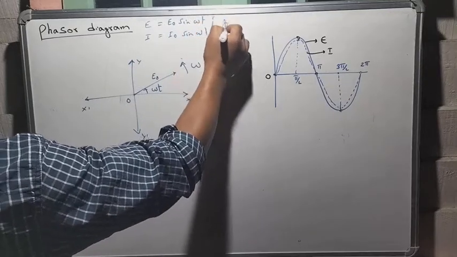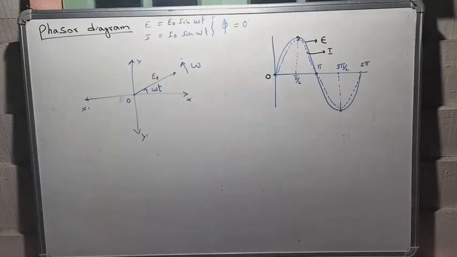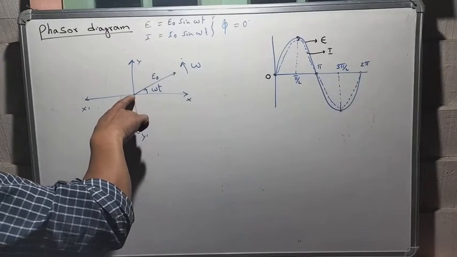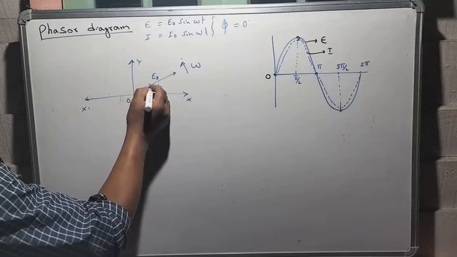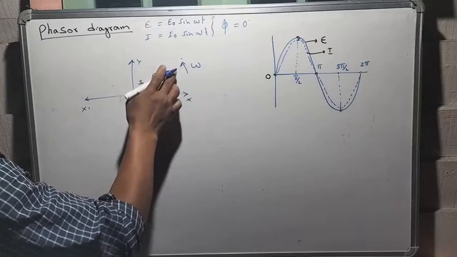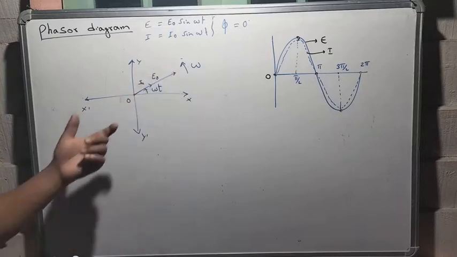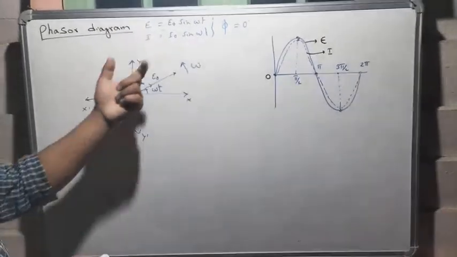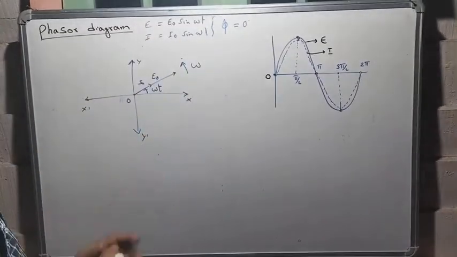So in this case, the phase difference is equal to 0. When the phase difference is 0, it means if this vector E naught is pointing in this direction, then my vector I naught also will be pointing in this direction. So this is the phasor diagram for 0 phase difference between the two waves.